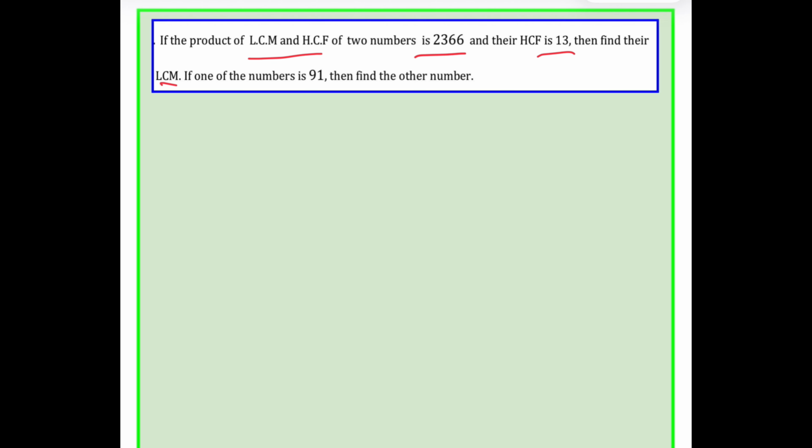The product of LCM and HCF of two numbers is 2366 and HCF is 13. Find their LCM. LCM into HCF equals the product of the two numbers A and B. They have given the product A into B is 2366. HCF is 13. LCM you should find out.